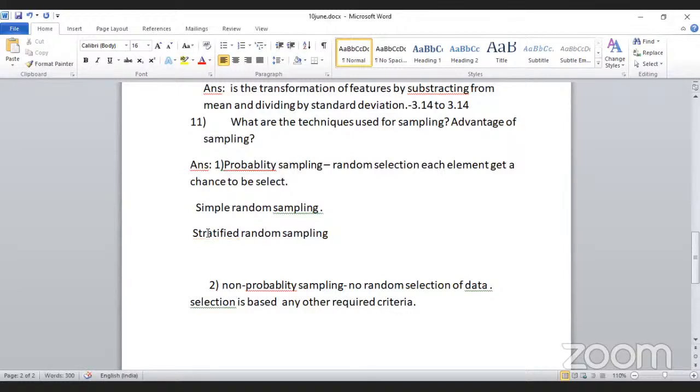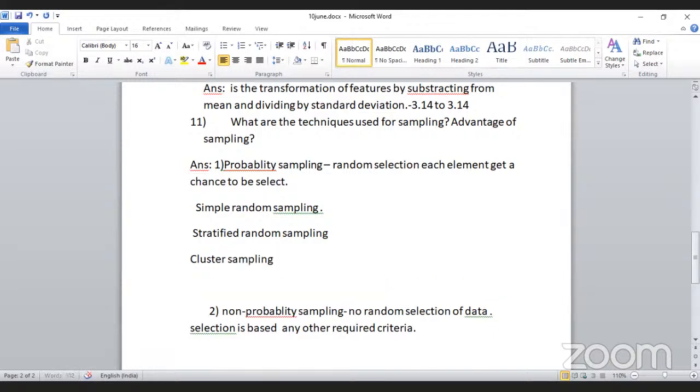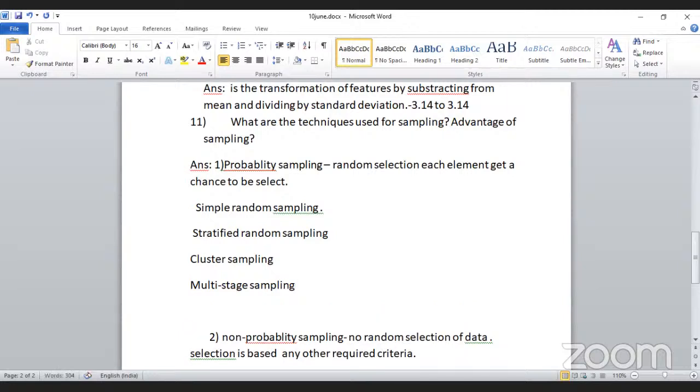Third one is cluster sampling. Next is multi-stage sampling. The last one is systematic sampling.